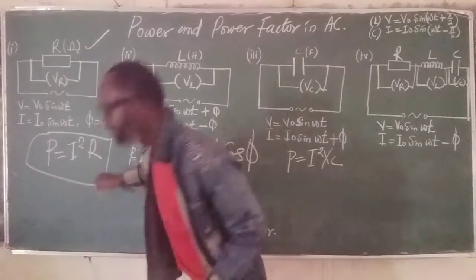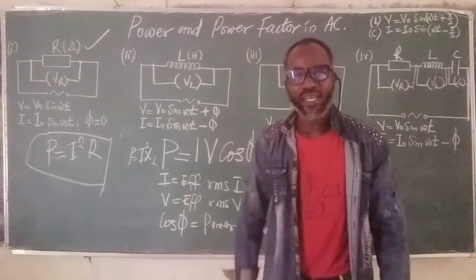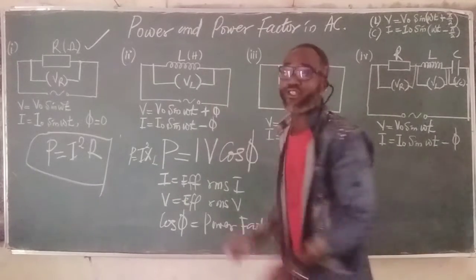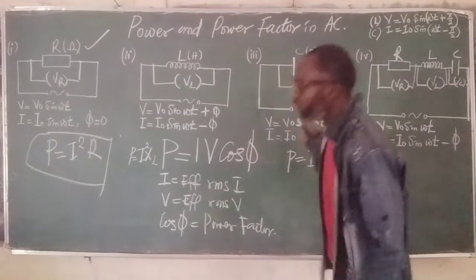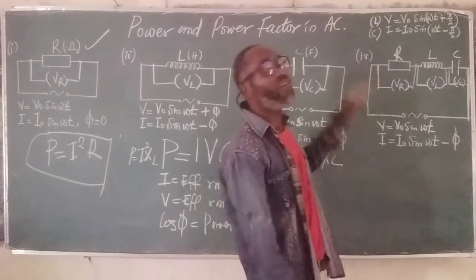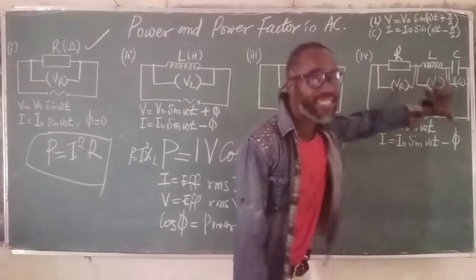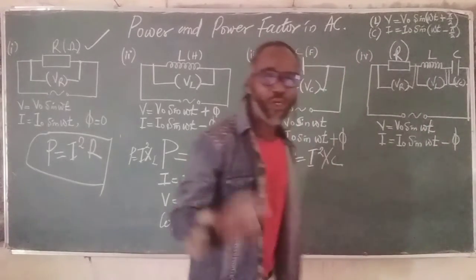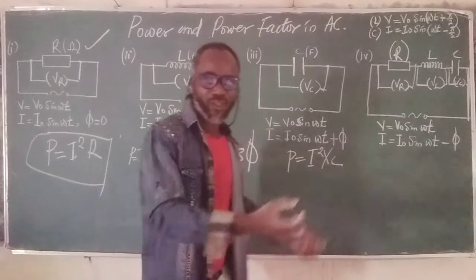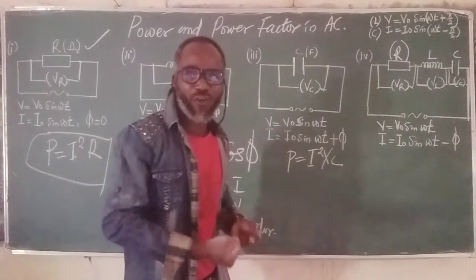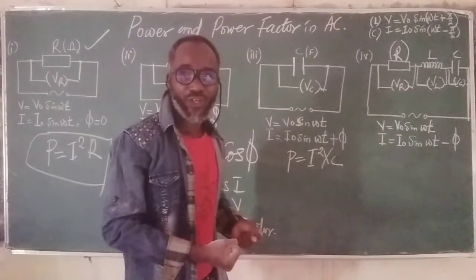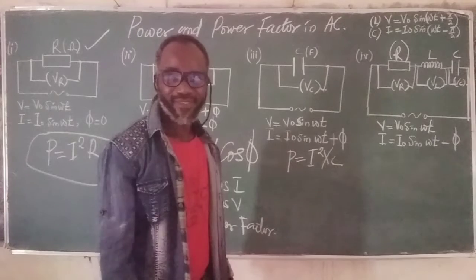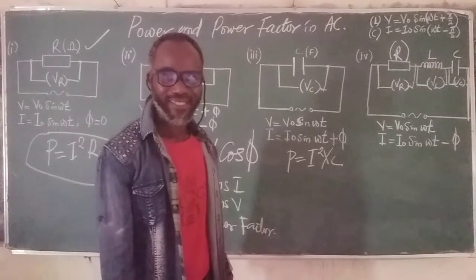When you use this, you will get the answer correctly. If you apply any of the others, because no power is consumed there, even if the three components are connected, still take note of R, because that is the only component that absorbs much of the power or much of the energy or much of the current flowing through the circuit. Very, very important.